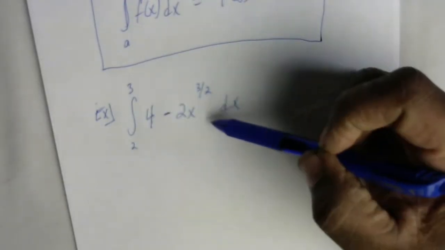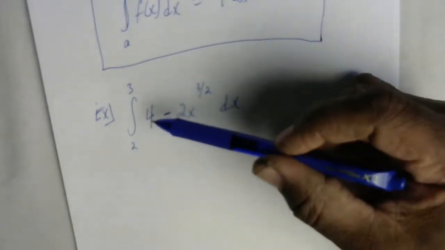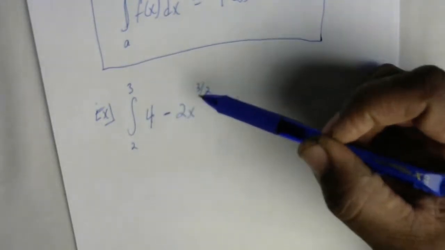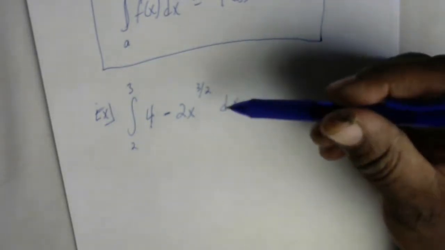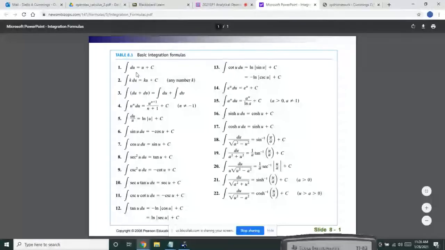All right, so the first thing we're going to do is integrate this function, 4 minus 2x raised to the 3/2. And we're going to use a couple of formulas from our formula sheet. The first formula says the integral of du is equal to u plus c.